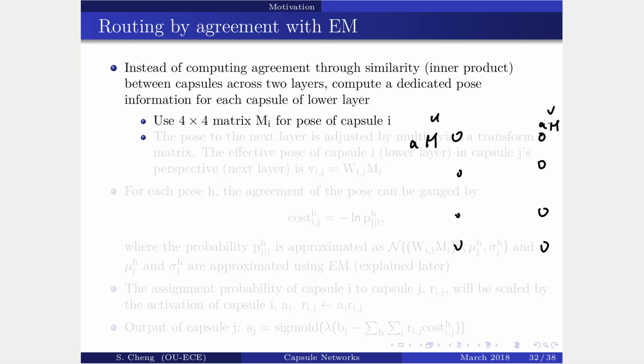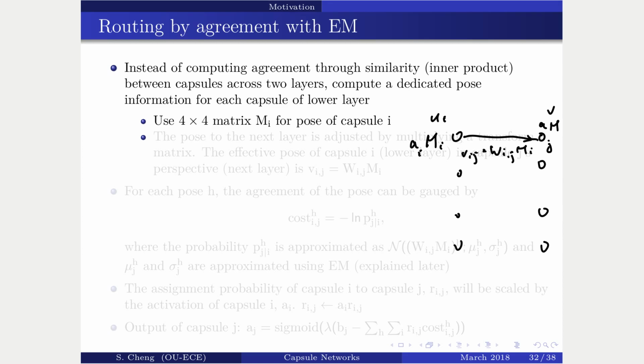Then, similar to the first paper, for the pose matrix, let's say I have, for capsule i here, input Mi and activation ai. This pose will first be transformed from the child perspective to the parent perspective. So if I have a parent capsule j here, this Mi will first be multiplied by Wij to get something we call Vij.